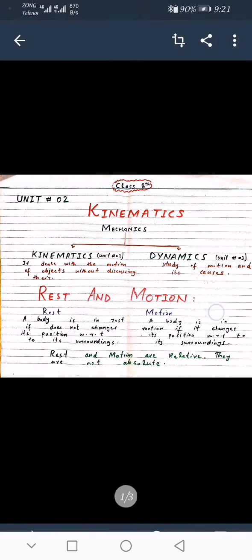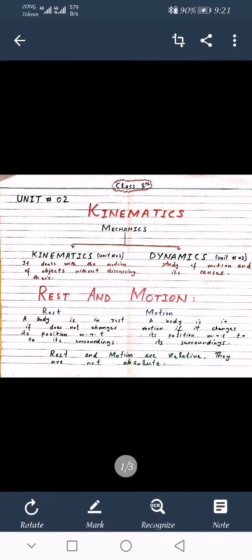So our first topic is rest and motion. What is the difference between rest and motion? A body is said to be at rest if it does not change its position with respect to its surroundings. In order to define rest and motion, we must have a reference point, we must have surroundings.